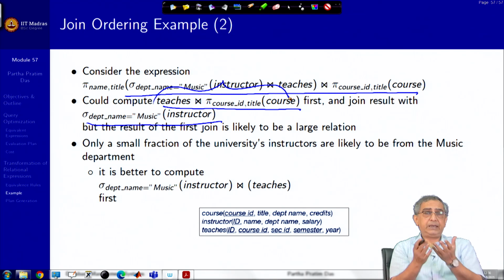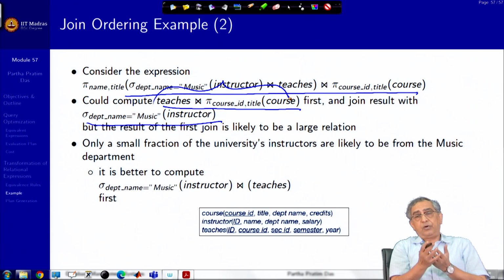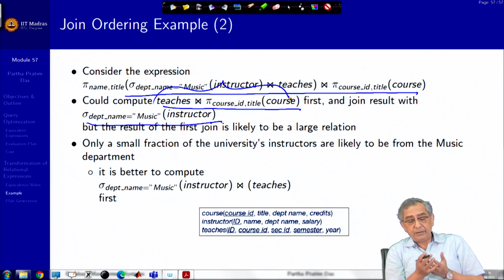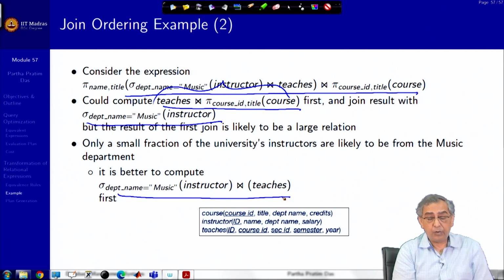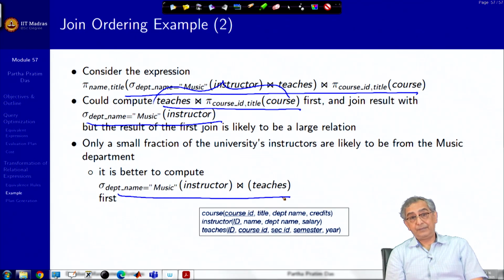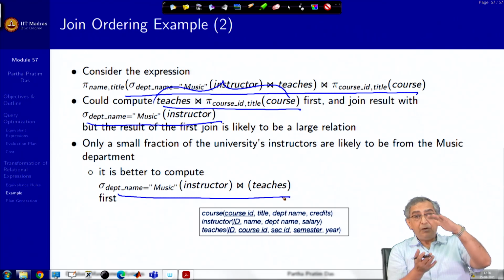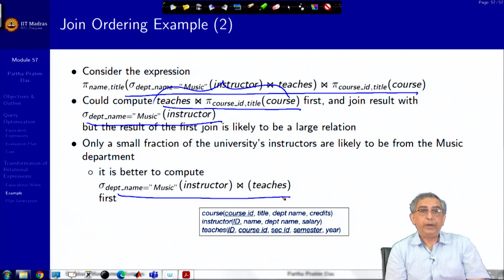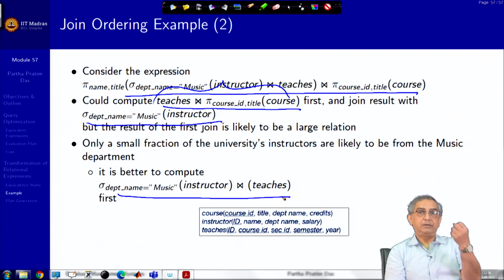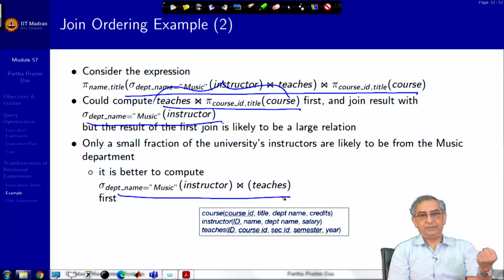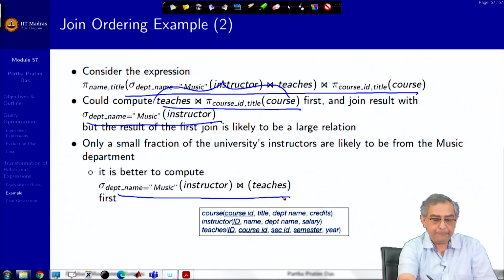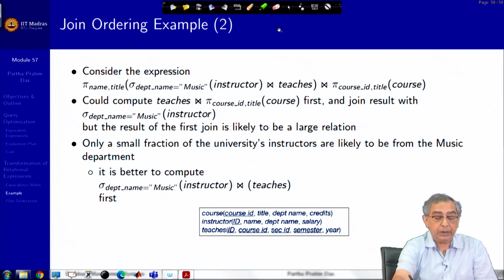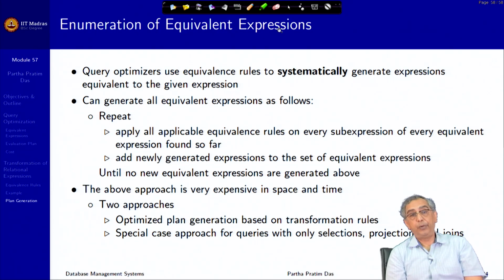But if I can take out only courses which are taught by instructors of the music department, which is what this does, then that will not be very large, and then taking a join with the courses, just taking out the title, would be appropriate, right.